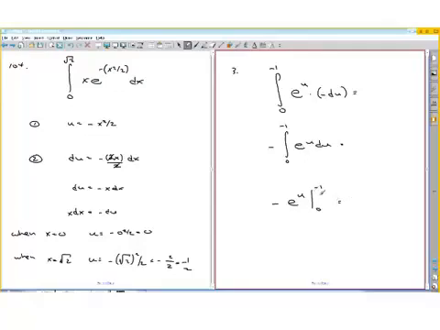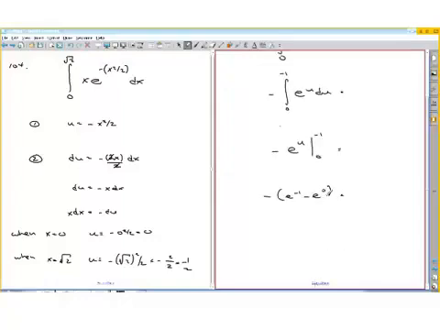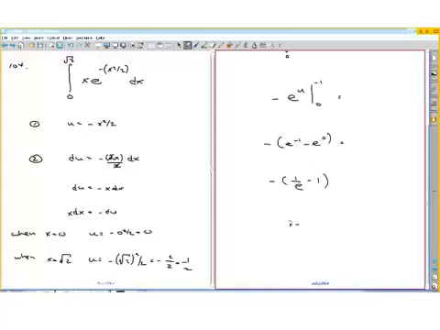Again, we don't have the arbitrary constant because that cancels out when we do this subtraction process. So we get negative quantity e to the -1 minus e to the 0. E to the 0 is 1.